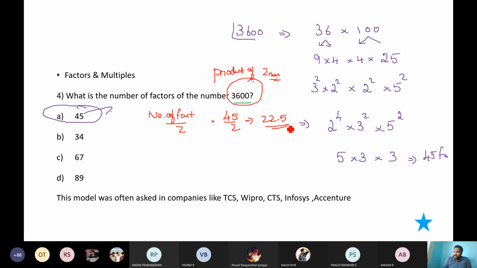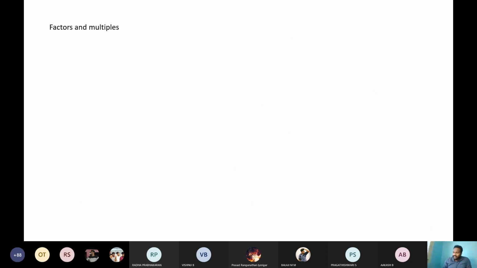To understand that clearly, let's take another smaller number which has an odd number of factors. For example, let's take the number 4. What are the factors of the number 4? Very good, Radha.